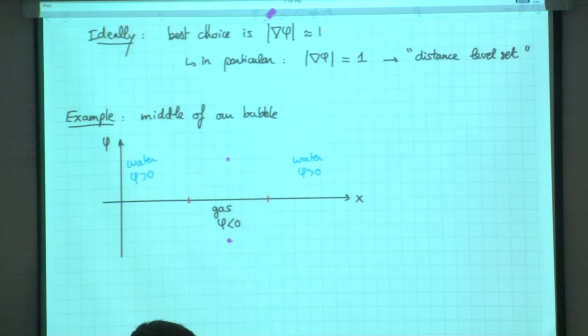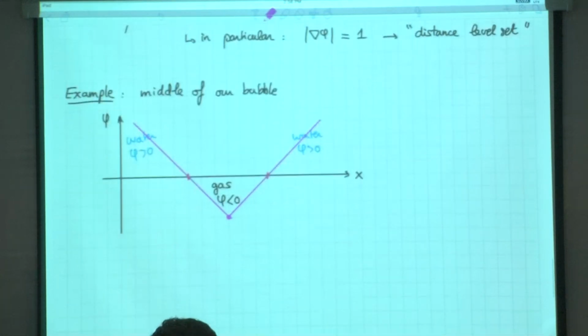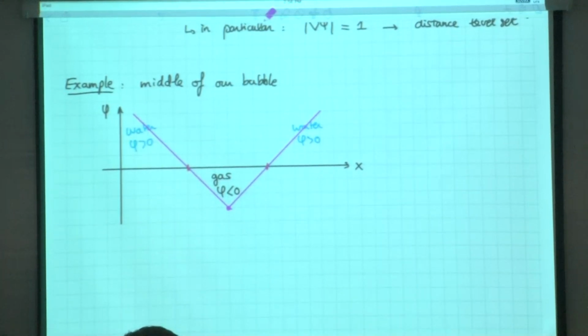Yes. There you go. So this will be your phi function.